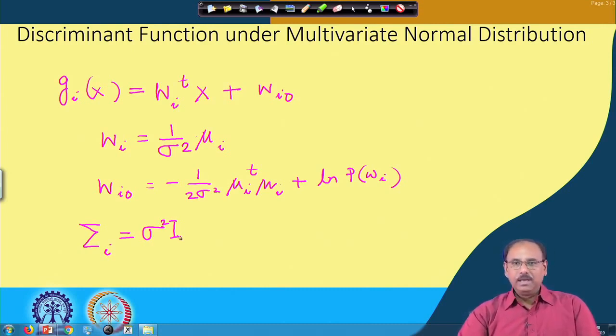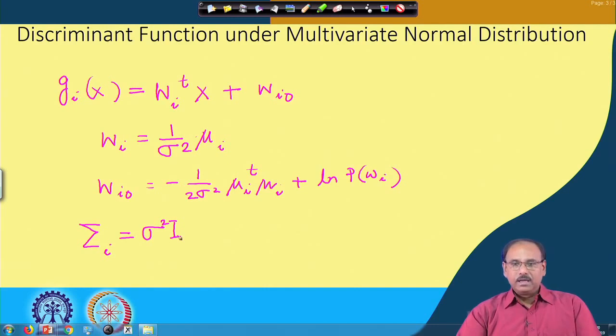What does it physically mean? It physically means that the different components of the feature vector are statistically independent and every component has the same variance. That is, the variance of x 1, the first component, is the same as the variance of x 2, the second component, and like this, for every component the variance is the same, which is nothing but sigma square.